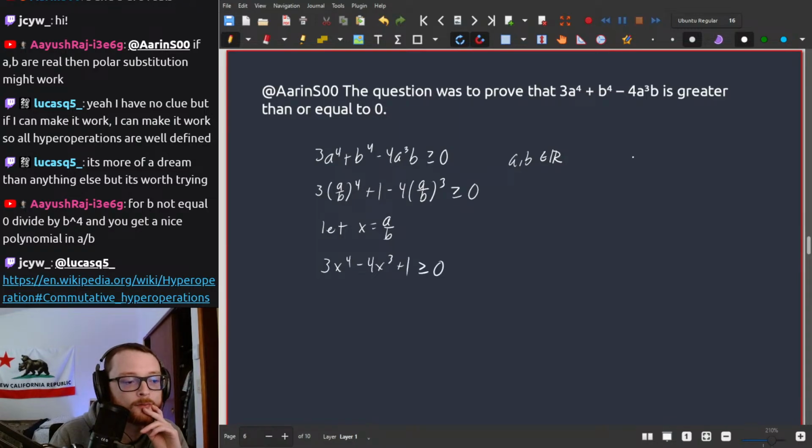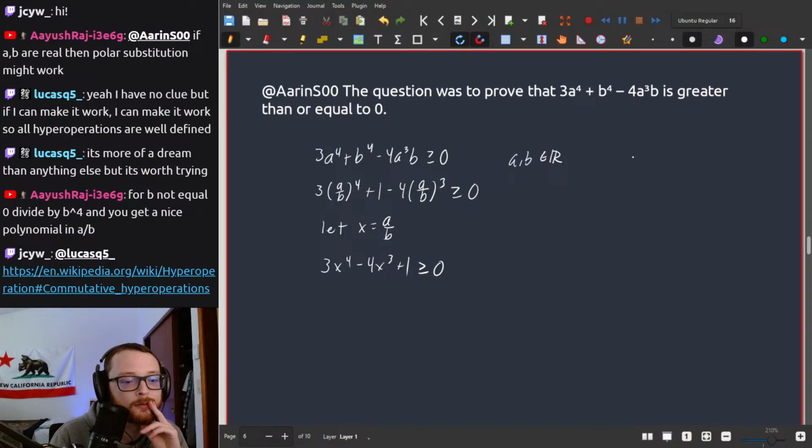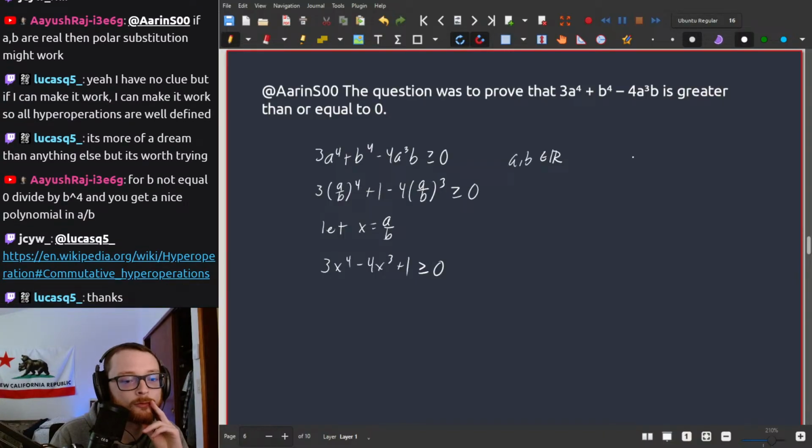Well, this is nice. Is it factorable? I doubt it's factorable, right? I guess +1, -1, +3, -3 are the only possible candidates. Ooh, wait. X equals 1 is a root.